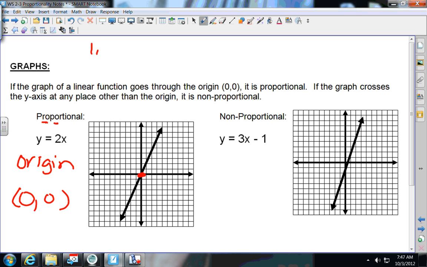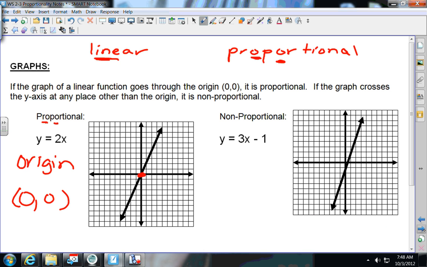Linear is telling you that it makes a line because it has the word line in it, right? Proportional, I'm going to remind you that you're looking for 0 because it has the 0, or that it goes through the origin. Okay, that's all it's saying.